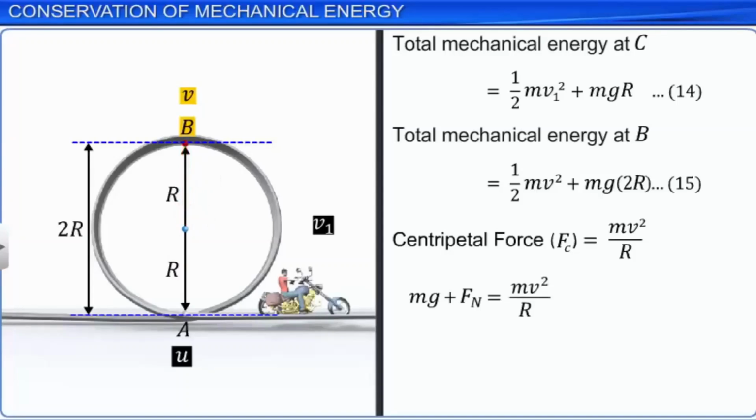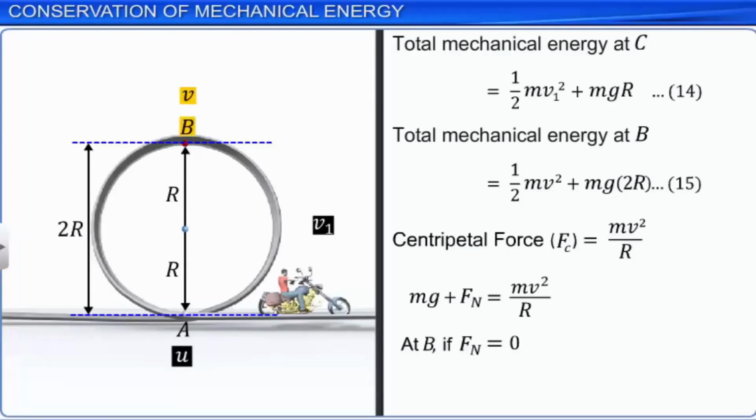When the speed at position B is decreased, the centripetal force decreases, and hence the normal force. To complete the motion along the circular path, the speed at B should be minimum such that the normal force on the bike is 0.